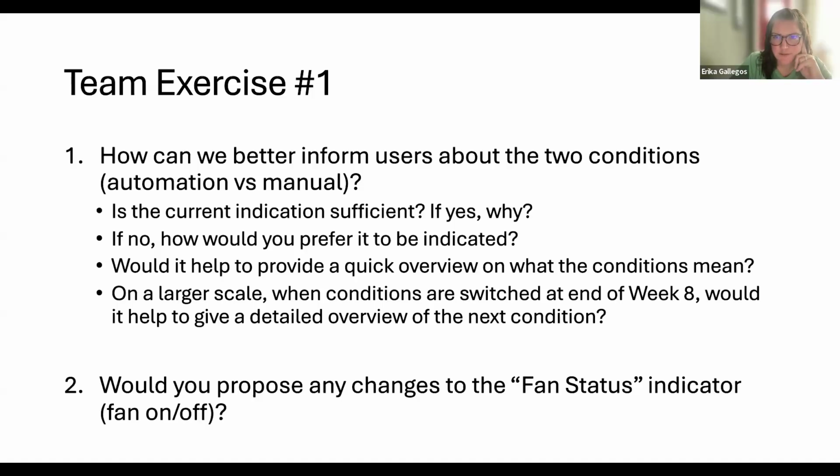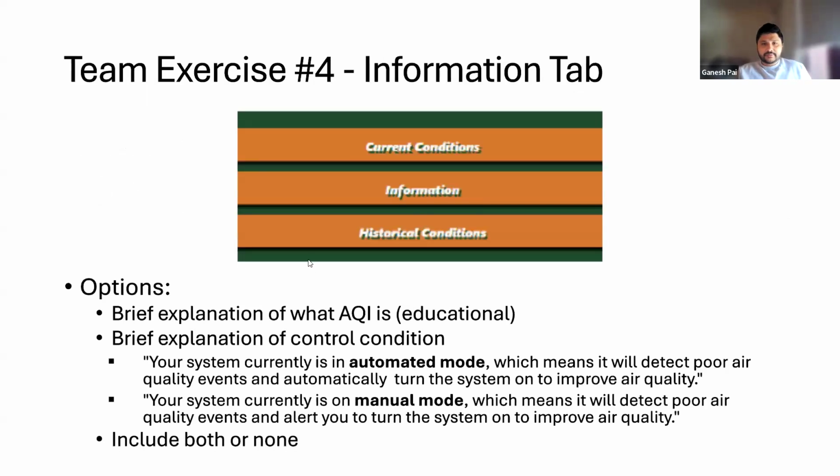And maybe just because it's like the last slide, can you just flip to the slide where we thought what the verbiage would be on that info tab? Yeah. So as you see down there, we have a brief explanation of the control condition, and we explain what each mode means. Do you think it makes sense for us to include that info in the interface as well?